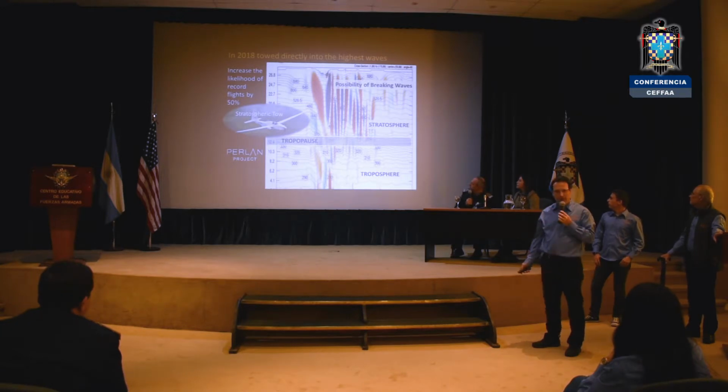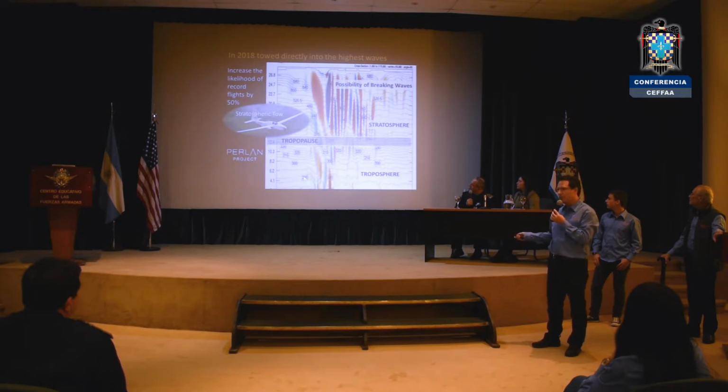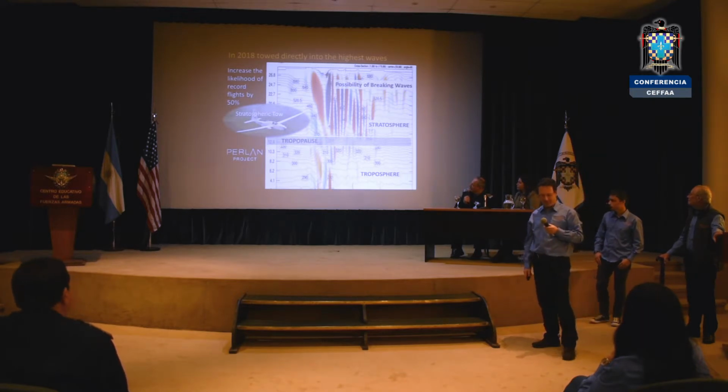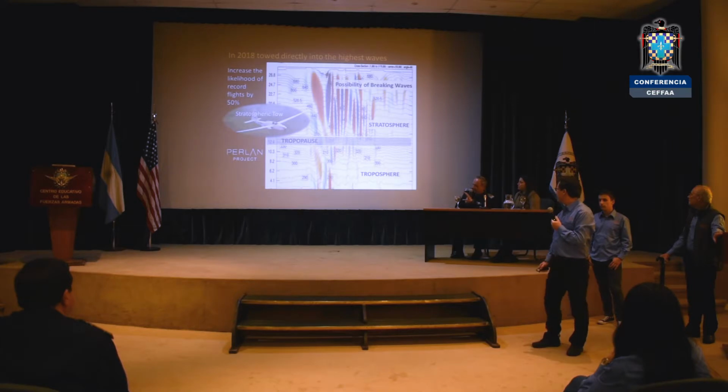And the reason why this plane is important to us is this pattern of lift here has very good lift in the stratosphere and some good lift in the troposphere, but there's a gap, a space in between.